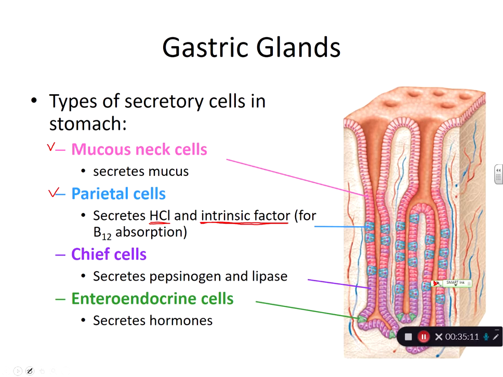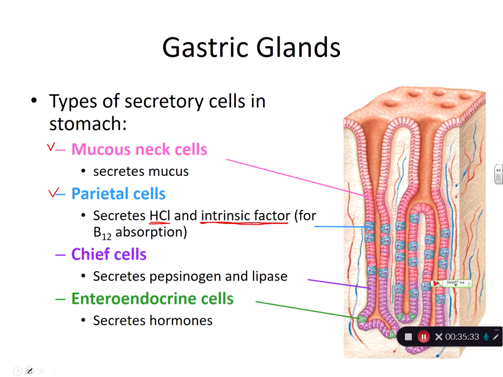And what do you need B12 for? No, not energy, not metabolism. We talked about it in chapter 17, which was in the blood. You gotta have it to make red blood cells. If you don't have B12, you can't make red blood cells.